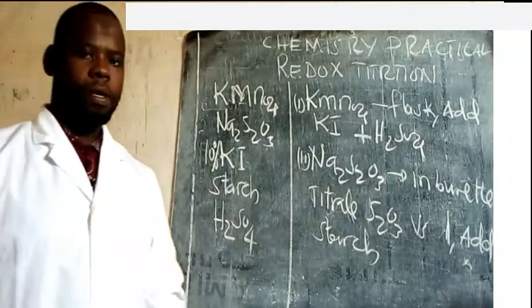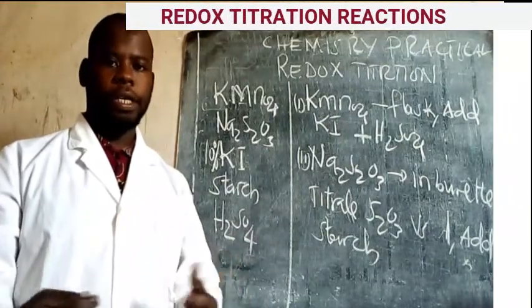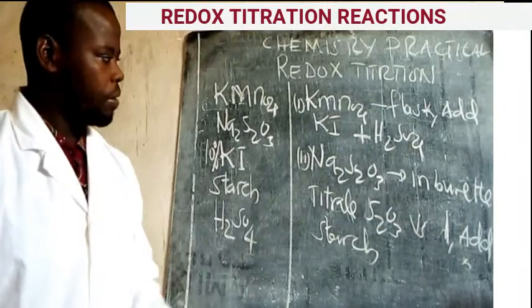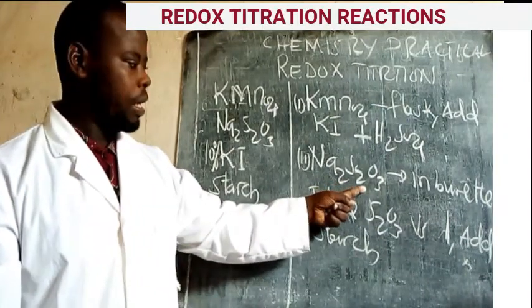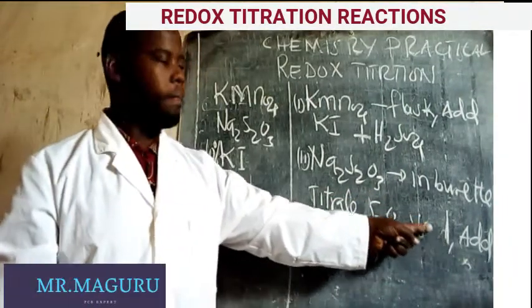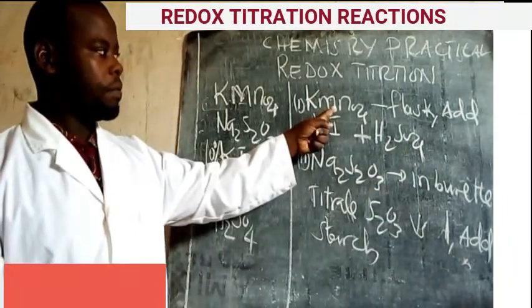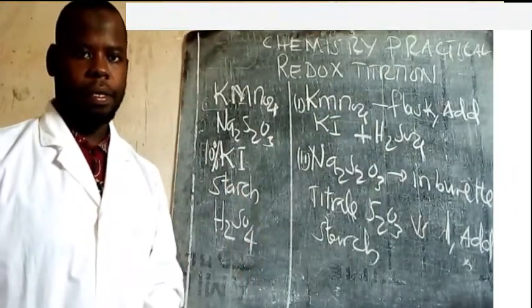So let's proceed with how we are going to integrate the reactions, because there is a reaction between sodium thiosulfate and the iodine, and then manganese oxide also reacts with iodine.